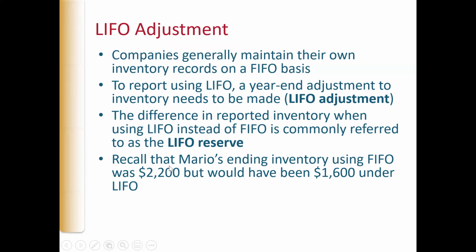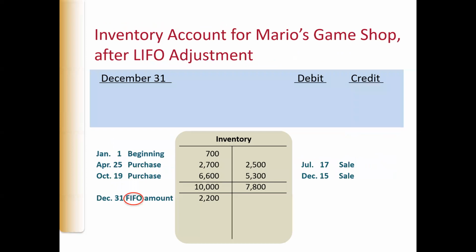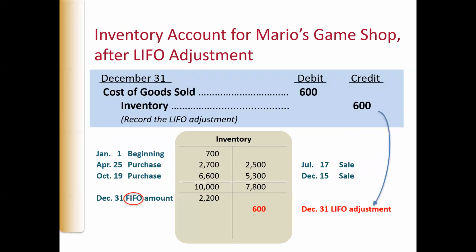But if they would have used LIFO, it would have been $1,600. So it would have been $600 less. So in order to look at the LIFO adjustment, we would show a debit to cost of goods sold of $600, and we would credit our inventory for $600 to adjust to the LIFO method.